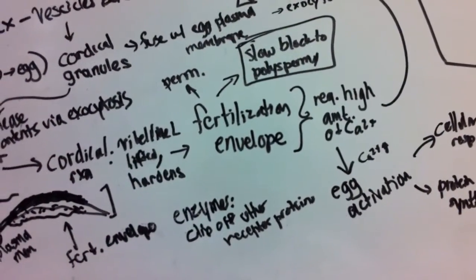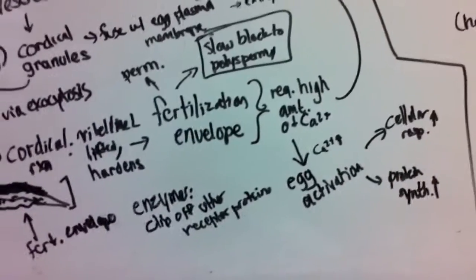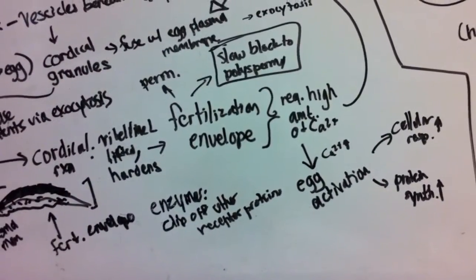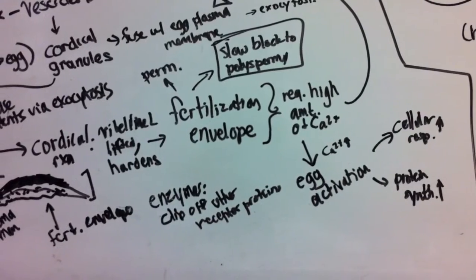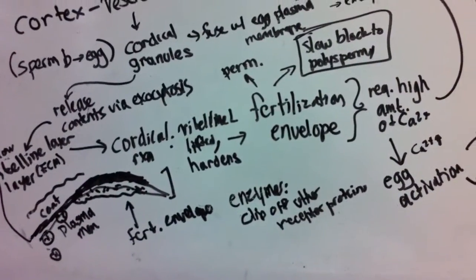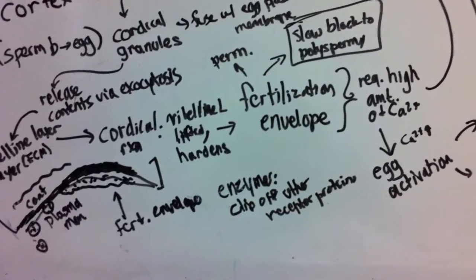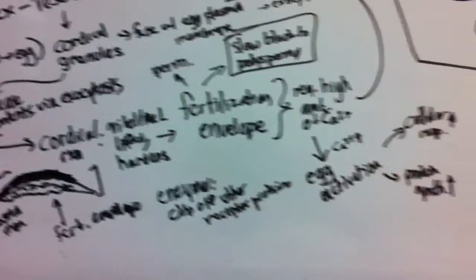So this fertilization envelope is considered to be a more permanent solution as opposed to our fast block to polyspermy. And this will then be considered to be a slow block to polyspermy. Also, when this occurs, enzymes will start to clip off other receptor proteins, so no other nuclei can bind to them.